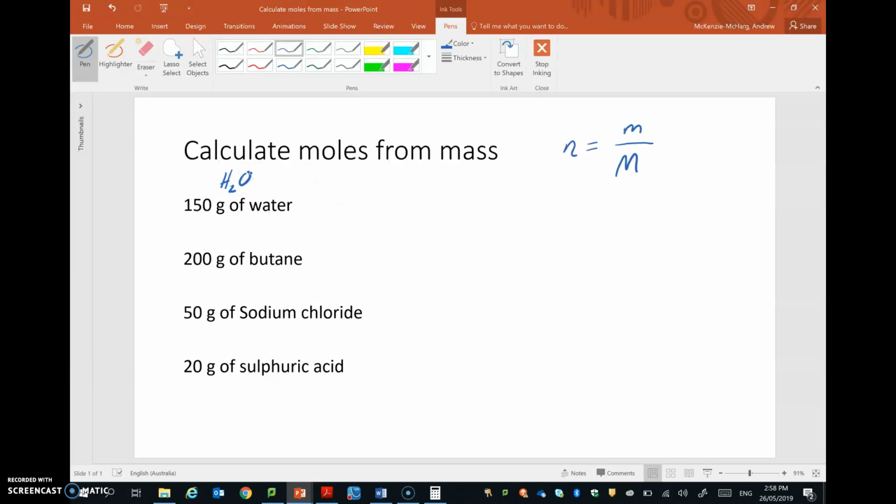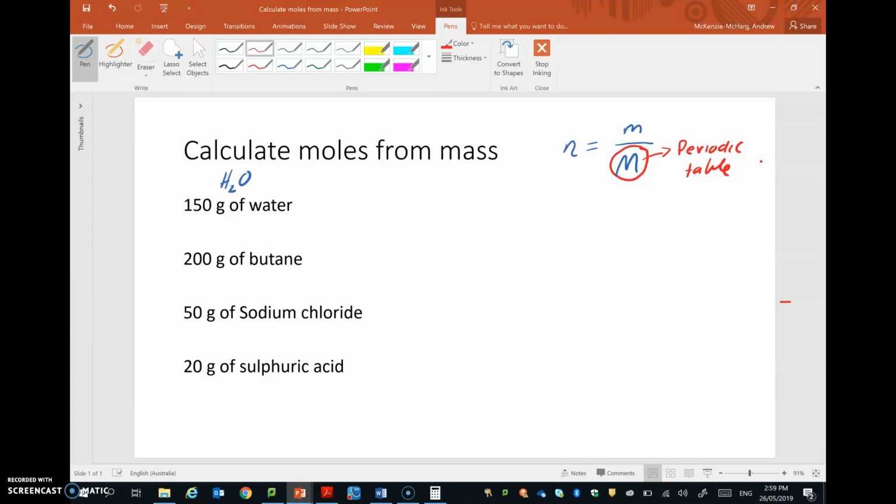Okay, so the first job here is to figure out what is the relative molecular mass of water. And to do that, we can go to the periodic table. We want to take each of the elements and figure out their relative atomic mass, and then we add all those up to get the relative molecular mass for this chemical.